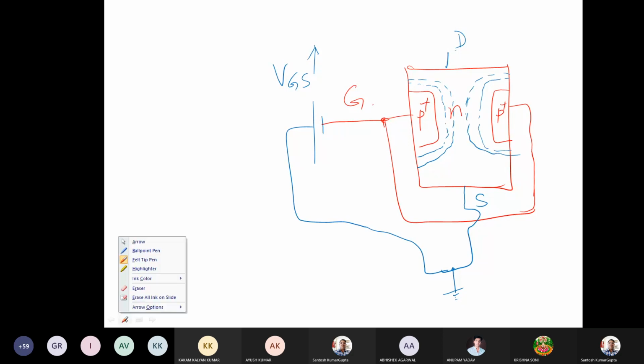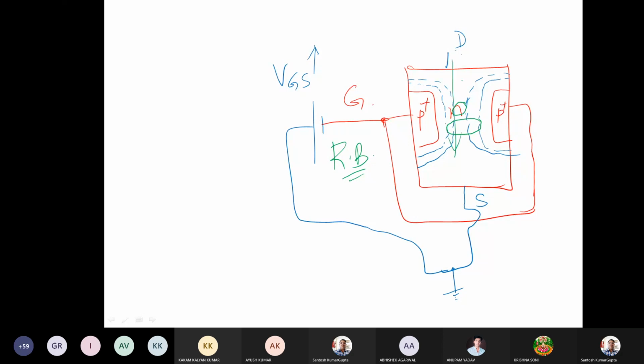So due to this increase in the depletion region, the effective cross section through which the current flows gets reduced. That's how the water tap knob kind of action is taking place here. If we apply more and more negative gate biasing voltage, so that it is more and more reverse biased, the effective cross-sectional area through which the charge flows decreases, and thereby the current decreases.